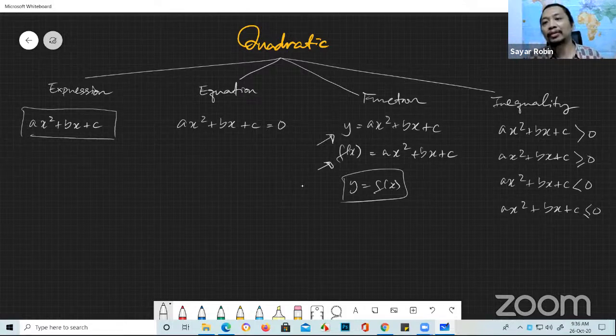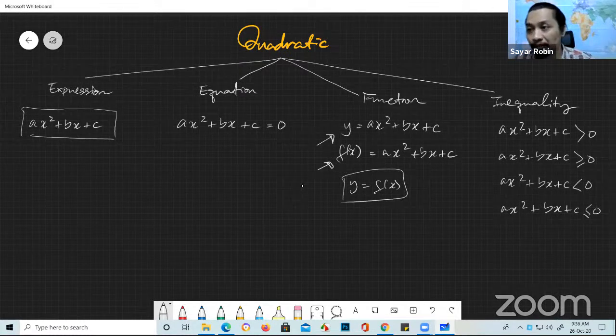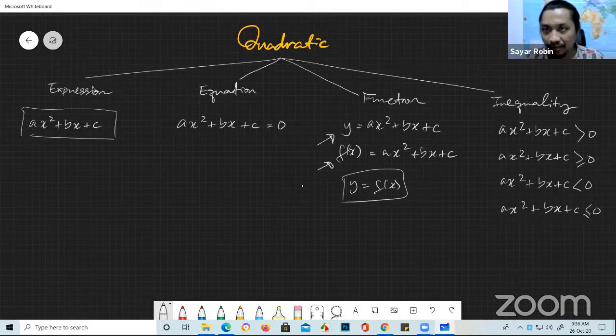If some expression is equal to 0, we have to understand that's an equation. If some expression is equal to y or f of x, that is known as a function. Finally, if some expression is greater than or less than 0, that is called an inequality.